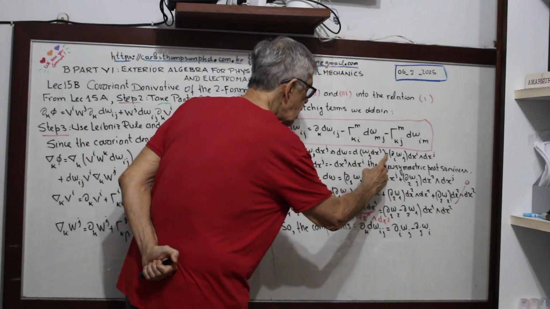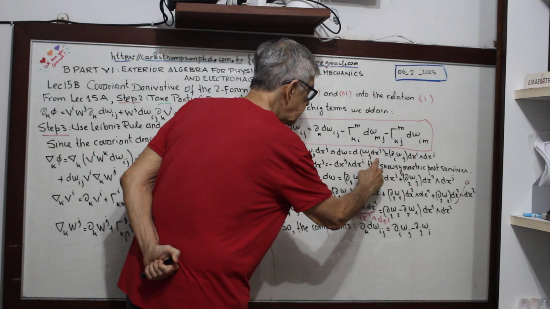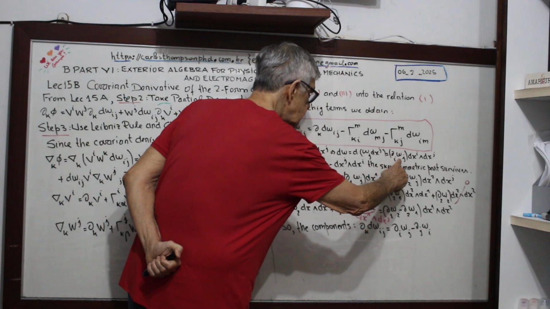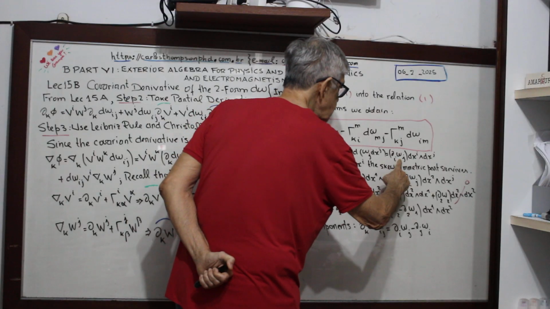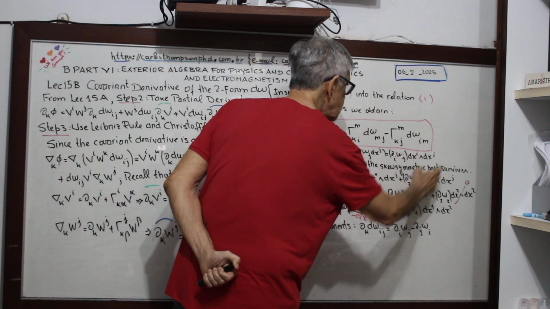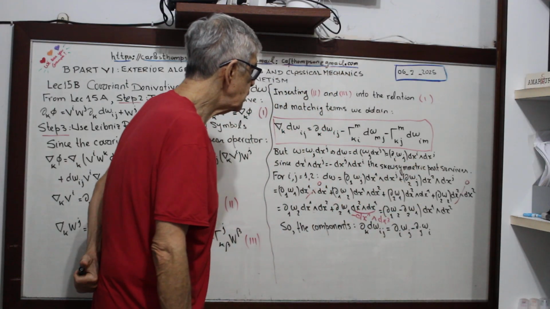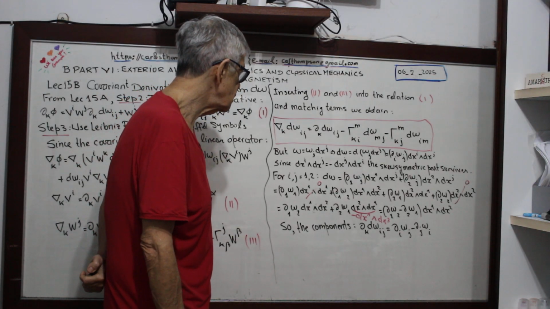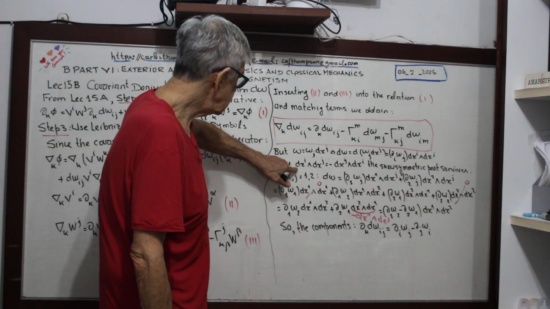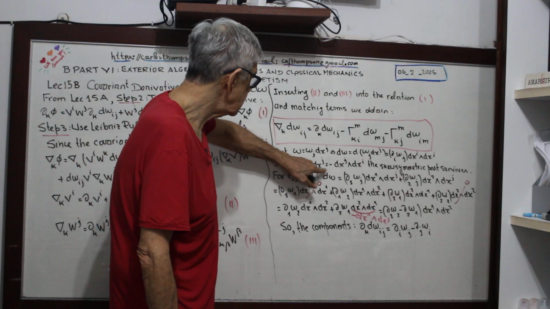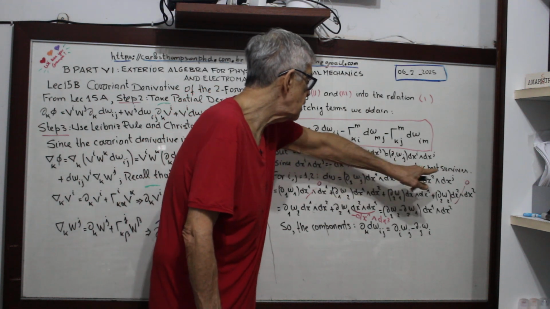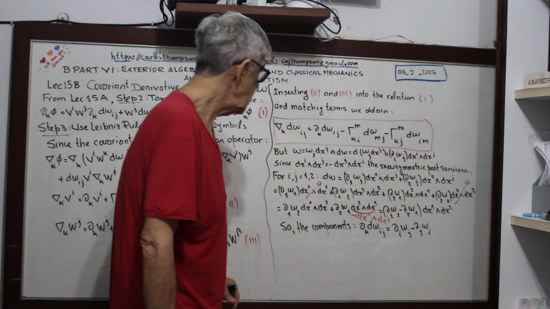You see, I have this partial i, in this case, omega j, dxi dxj, as we did in previous lectures. So that's quite easy to see. Since dxi wedge dxj is minus dxj dxi, the skew symmetric part survives.